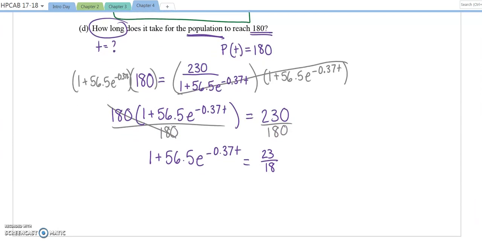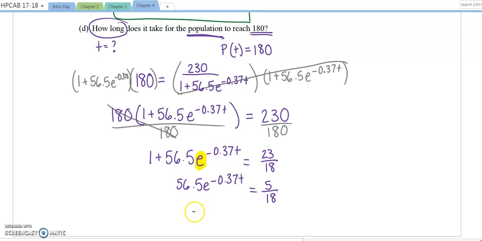Now all that's left are some basics. Get my base alone, right? This is a base e, get it alone. So to do that, I'm going to subtract 1. That leaves 56.5 e to the negative 0.37t equals 23/18 minus 1, that's like 23/18 minus 18/18, which is 5/18.